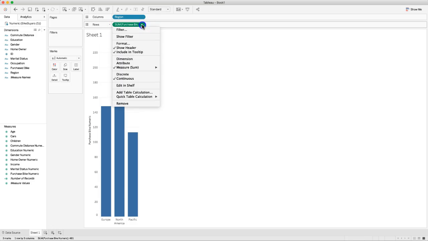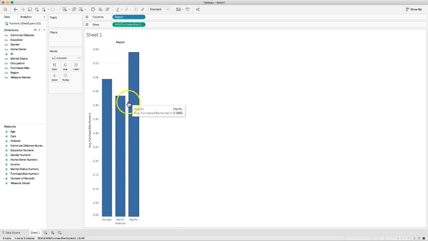For example, let's change sum to average. This now takes into account those who came into the shop and didn't purchase bikes. So the idea here is I want to create visualizations with pairs of relationships and then modify my measures to make sure that I'm accurately comparing the values across these categories.